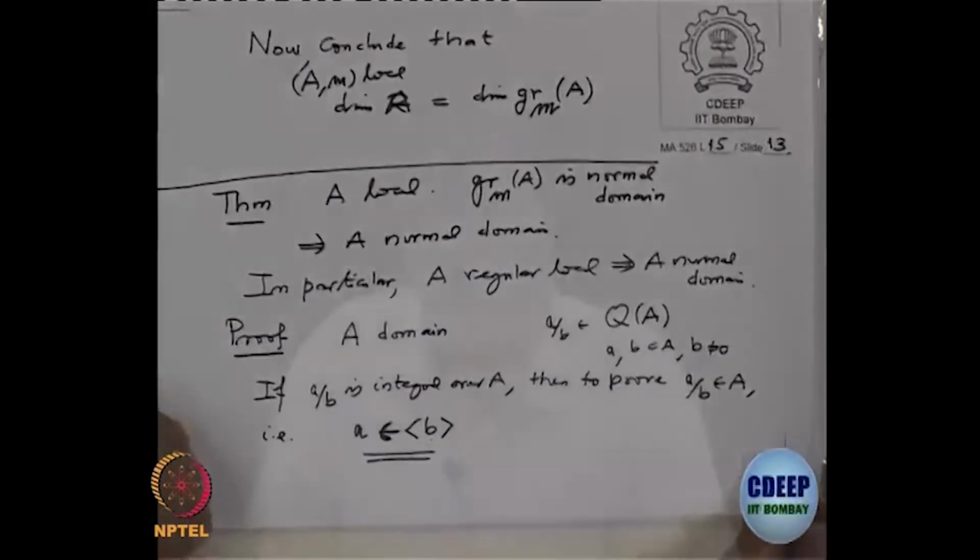For proving this, it is enough to prove that the element a belongs to m power n plus the ideal generated by b, for all n.